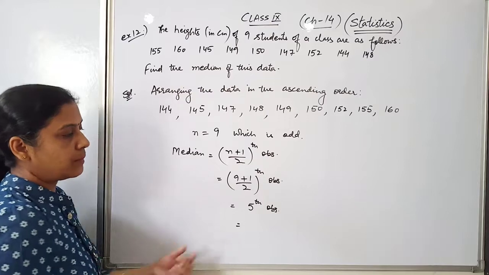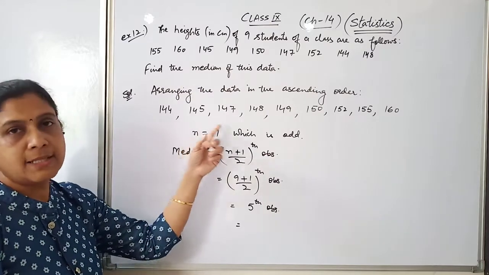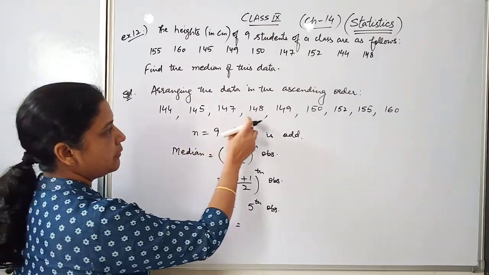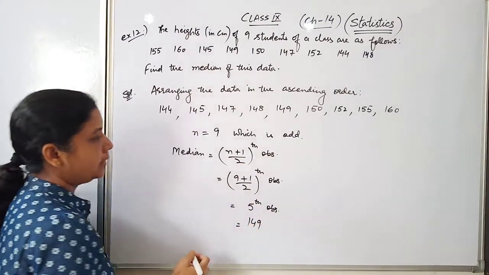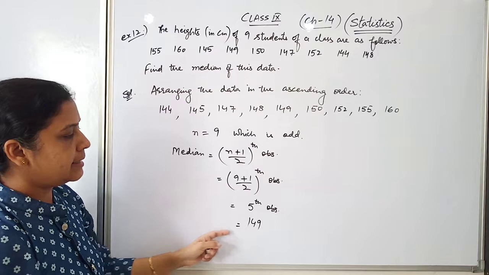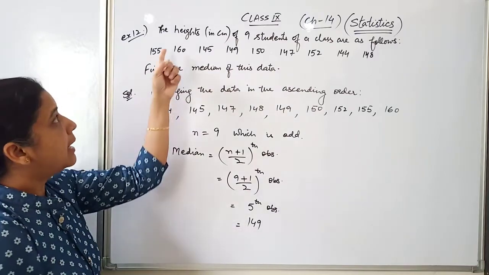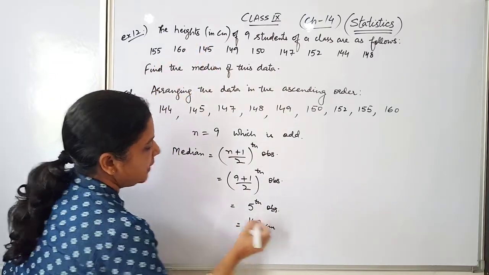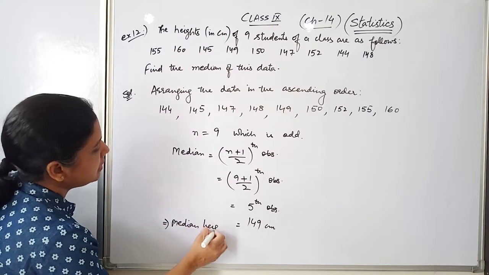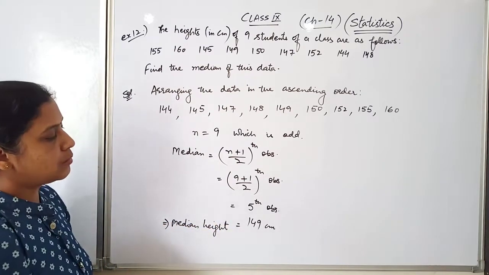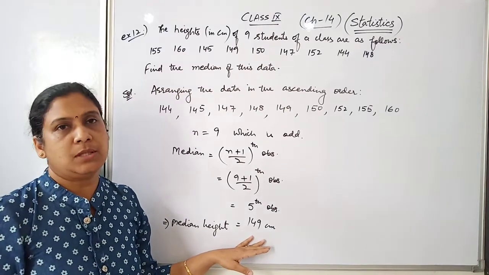Now I am going to pick up this 5th observation from the arranged data. 1, 2, 3, 4, 5. This is the 5th observation. This is 149. Therefore, the median of this data is 149, and the height was in centimeters. Therefore, you can write the final answer as median height is equal to 149 centimeters.